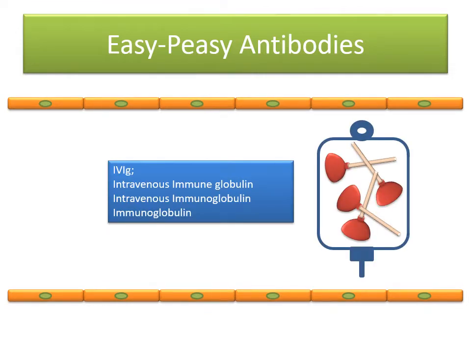One of the treatments for people with primary immune deficiencies is an injection of antibodies, as shown here, with a product called IVIG, or intravenous immune globulin, sometimes called intravenous immunoglobulin. Basically they are antibodies taken from the blood and plasma of blood donors, and when given to people with immune deficiencies, it is very helpful to prevent infections.